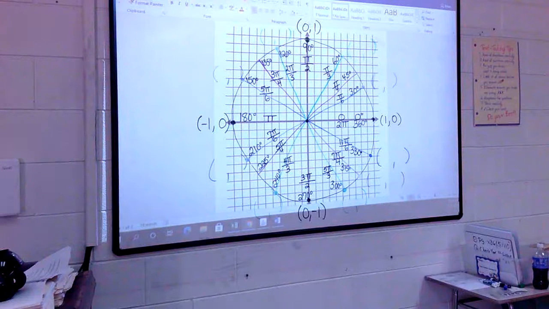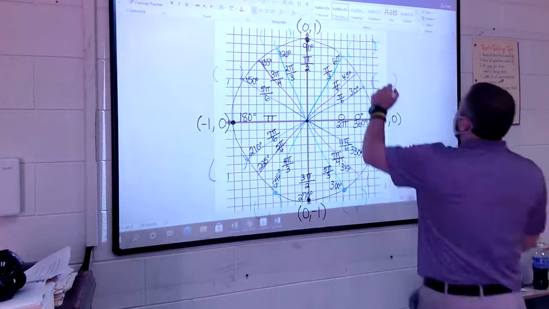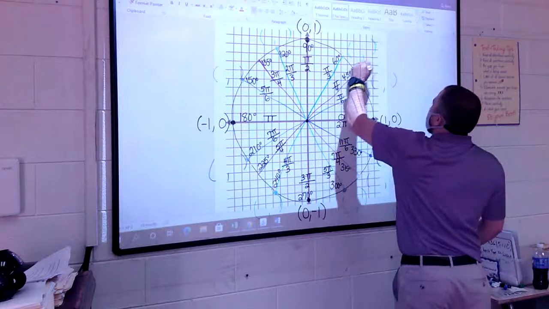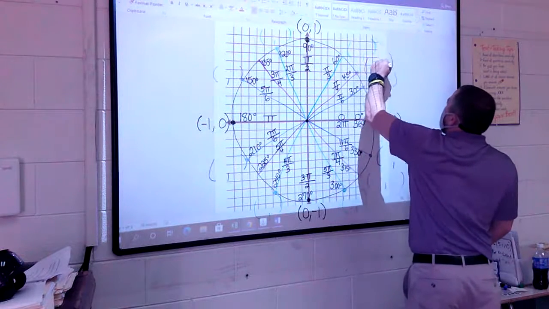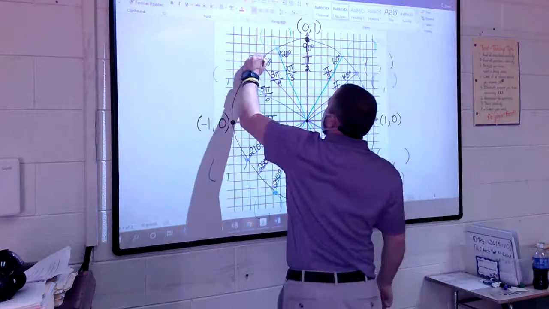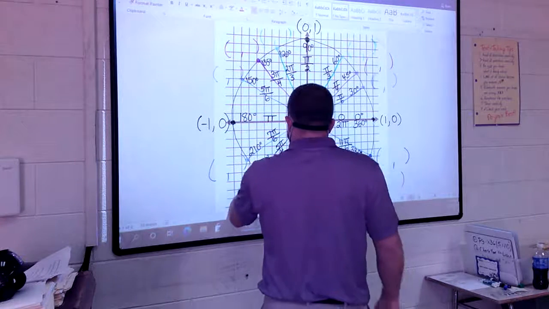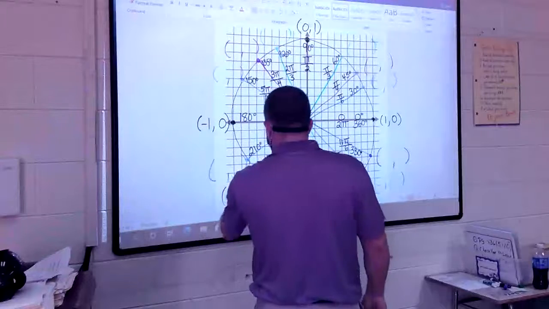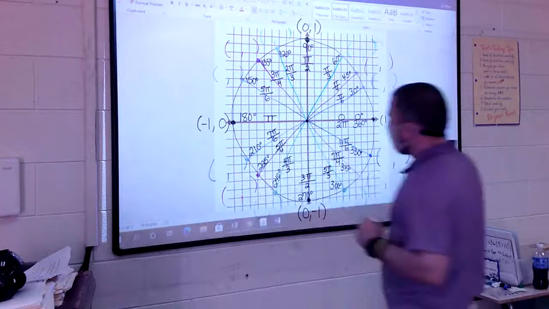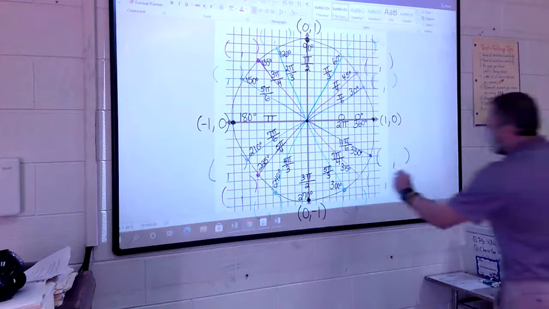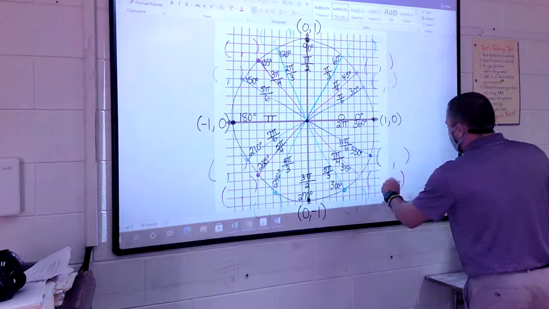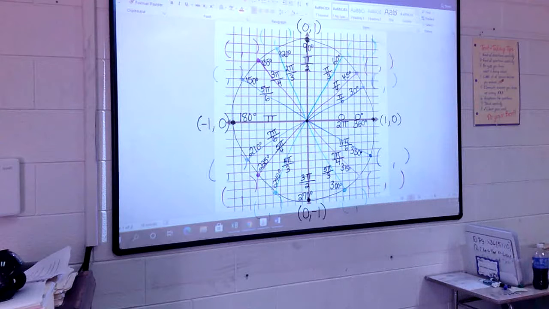I'm going to do the purple and fill in those points. And now I have where I'm going to end up putting all my points. Okay, so there's going to be an X and a Y for every point there that goes around the circle.